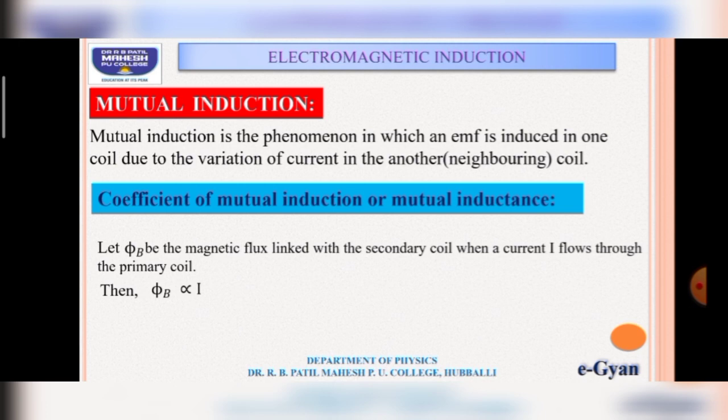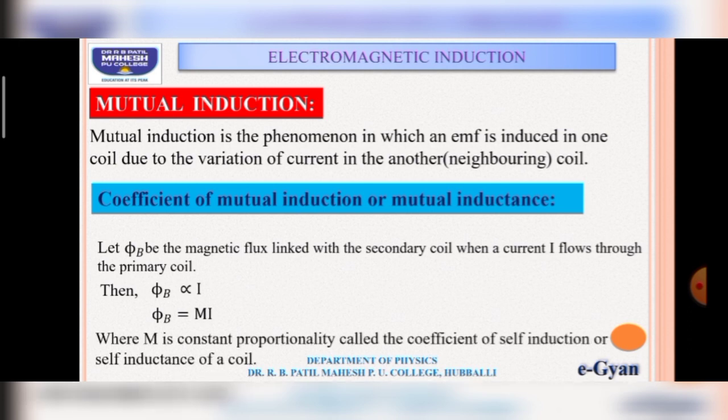Then we can write the above relation as phi equal to M into I, where M is a constant called the coefficient of mutual induction or mutual inductance.